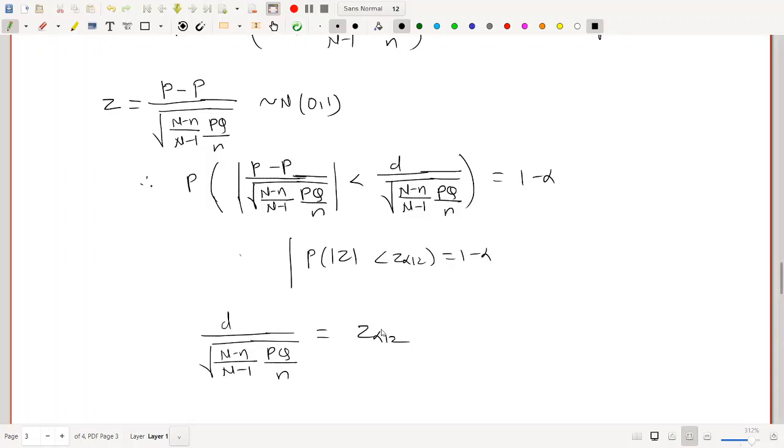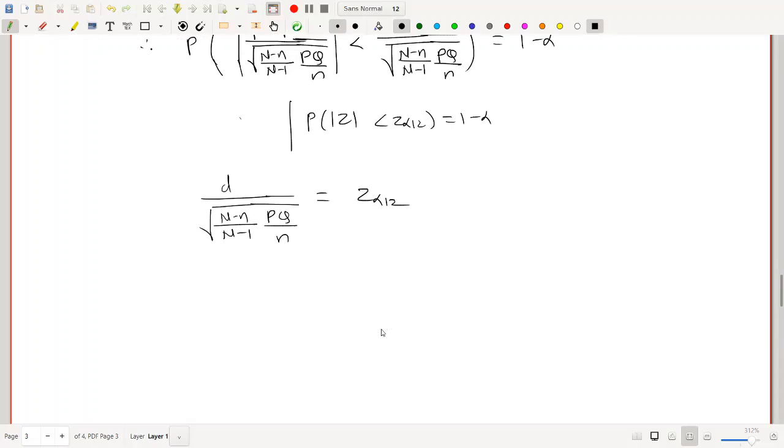Now we have to solve this for small n because we want to find the sample size. This implies I can write this as d into root of (N − 1)/n upon root of (N − n) PQ is equal to z alpha by 2.